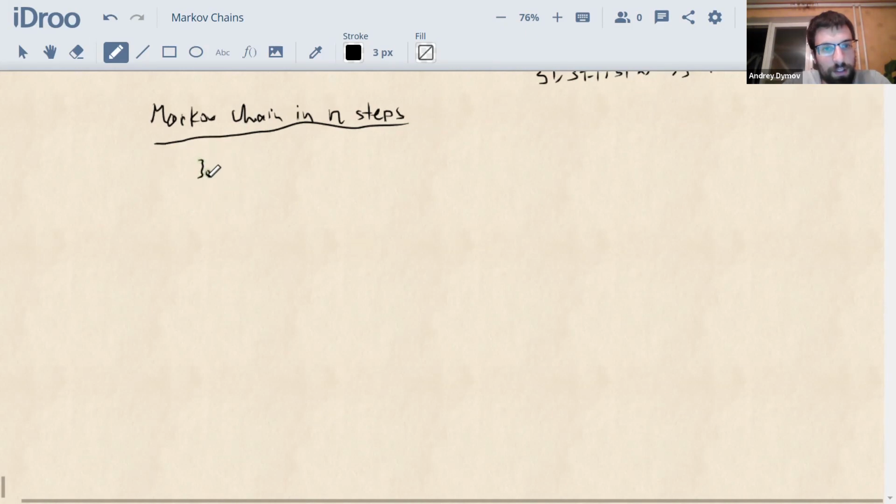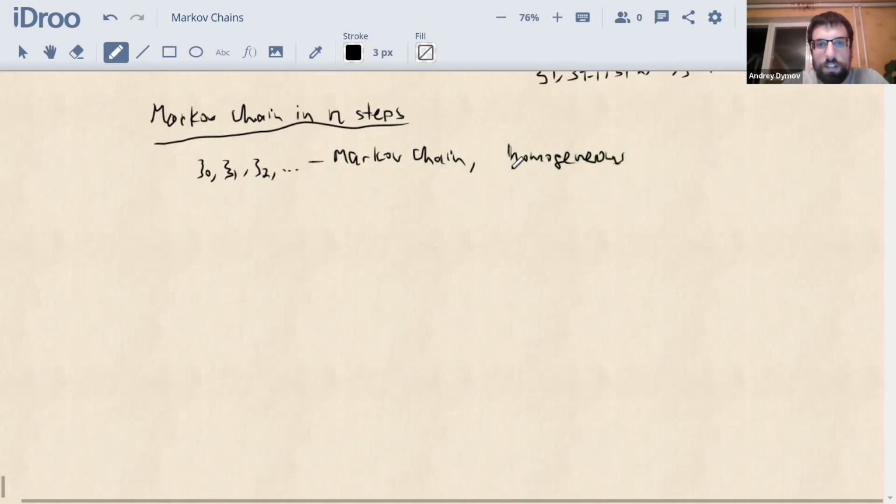Look, assume that we have a Markov chain, xi0, xi1, xi2, etc. This is some Markov chain. And for simplicity of notation, I will assume that it is homogeneous.